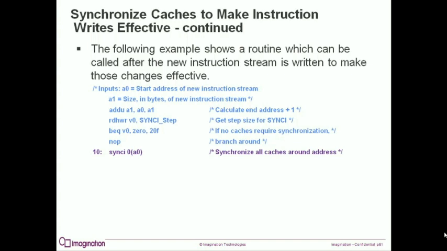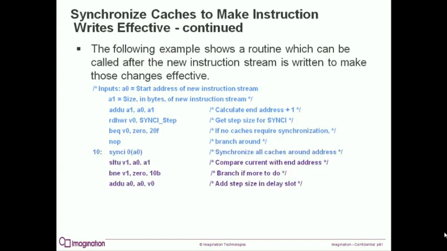Sync the first address. Check to see if it is the last cache line to sync. Use the delay slot to increment the byte count by the step size, and loop back if there is more to do.